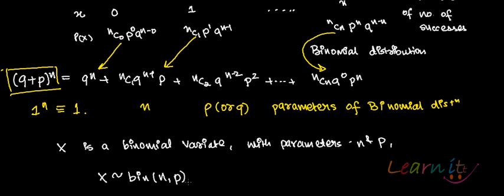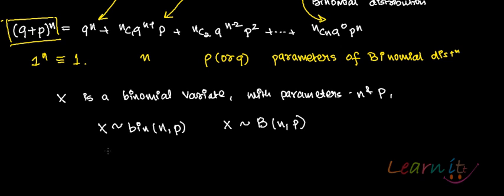Once you have defined p, you have already defined q also, which is just 1 minus p. Or you can also write x is distributed binomially with these parameters. Or you can also write P(x), which is distributed as binomial distribution, which should be nCx p to the power x q to the power n minus x.